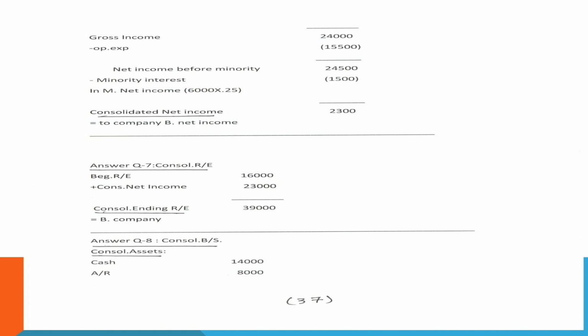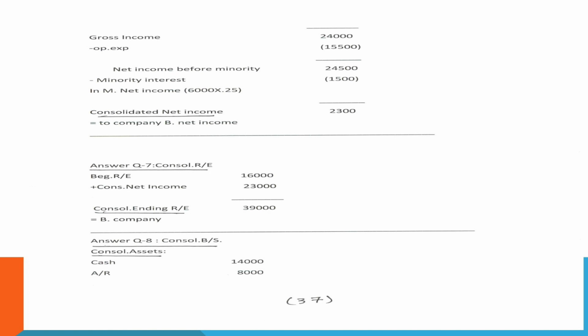At the end, it gives you 2,300; there is some mistake in this number, we have to correct it, that's 24, you're going to deduct this one. We have to check this number, net income before minority. After the minority, it gives you 23,000.